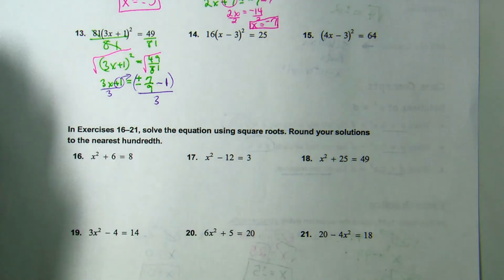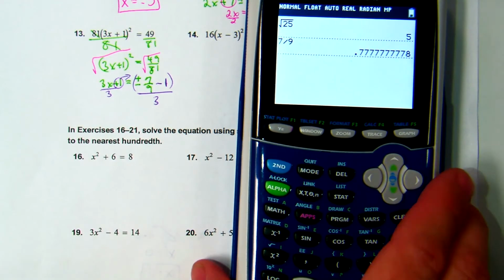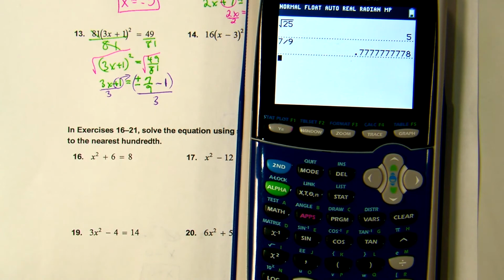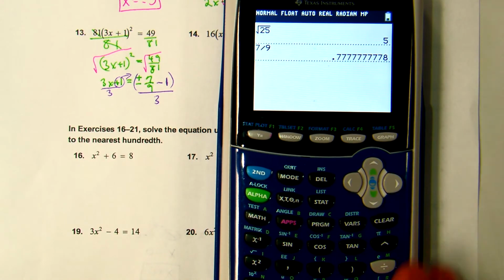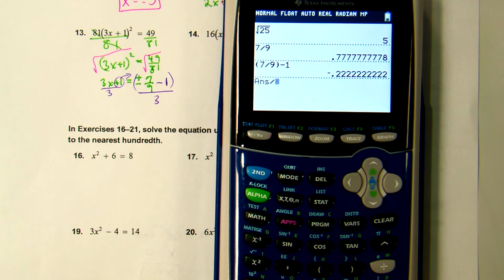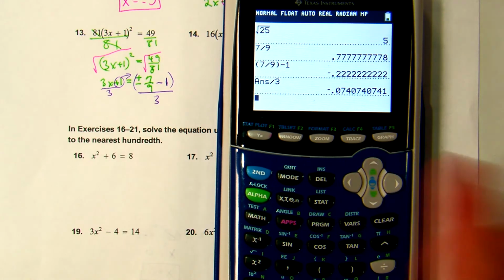Now remember, I'm going to do a plus version, and then a minus version, a positive and the negative. So let's put in parentheses 7 divided by 9, and then I'm going to subtract 1. I'm going to find that answer, and then I'm going to divide that by 3. Now that gives me some crazy decimal answer.